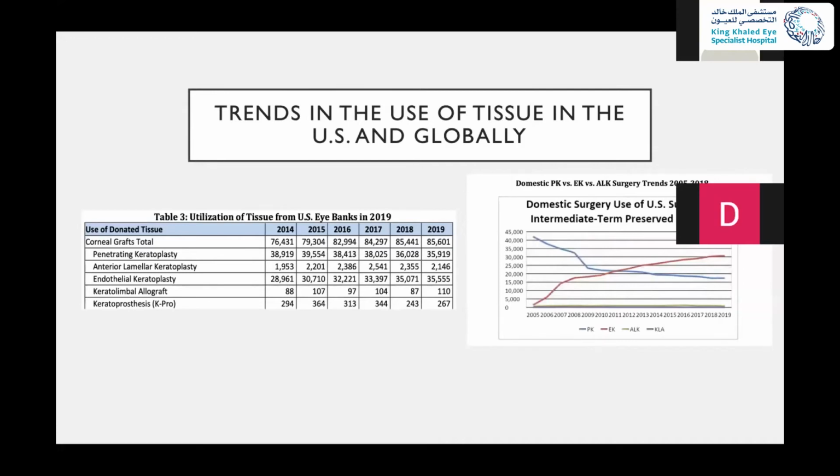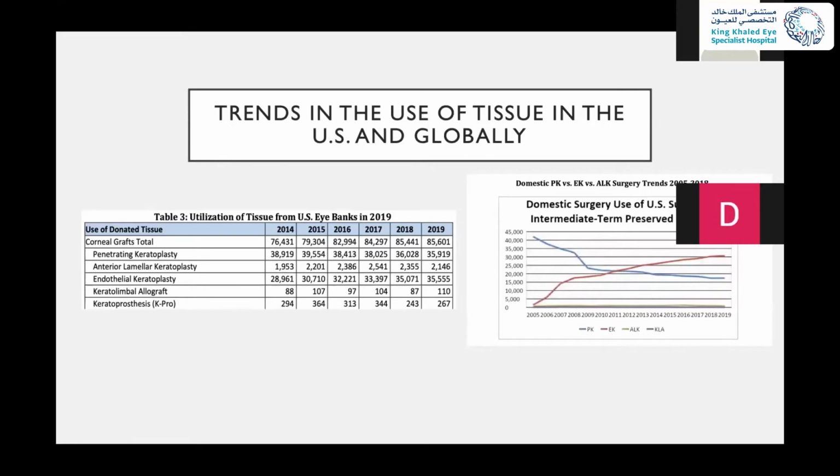You can appreciate here that penetrating keratoplasty tends to decrease over the last 5 years, while the anterior lamellar keratoplasty stays stable in number, and endothelial keratoplasty significantly increased during the previous 5 years.